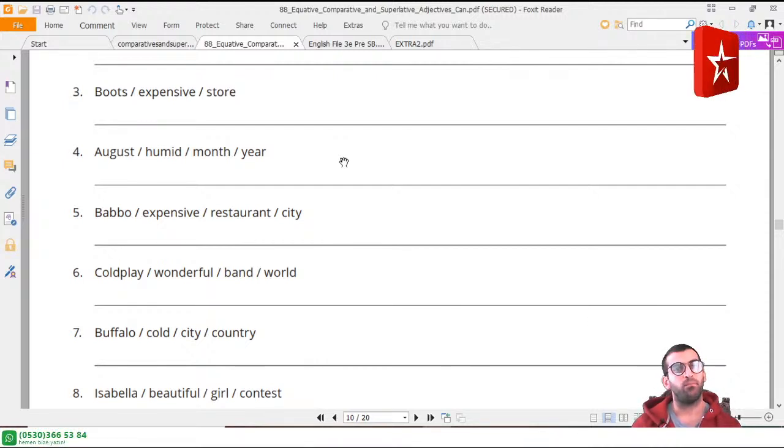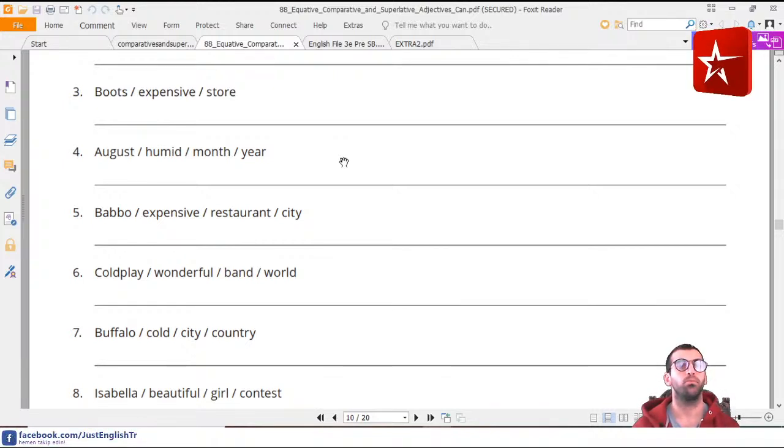And number 5, Bebo, expensive restaurant city. Who wrote about Bebo? Yes, Bebo is the most expensive, but the rest of the sentence is not completed, and we have to complete the sentence.